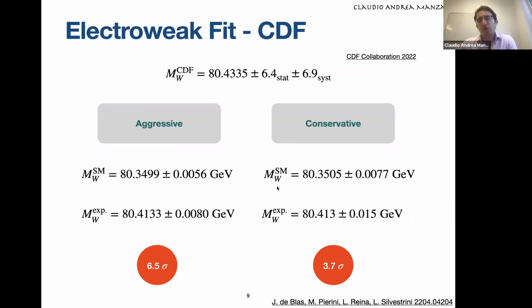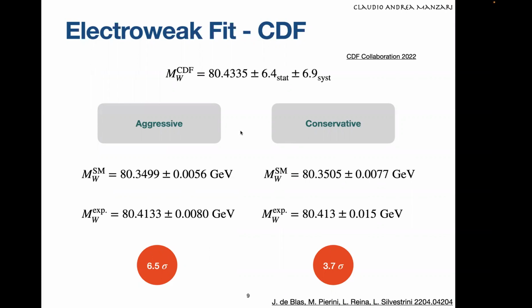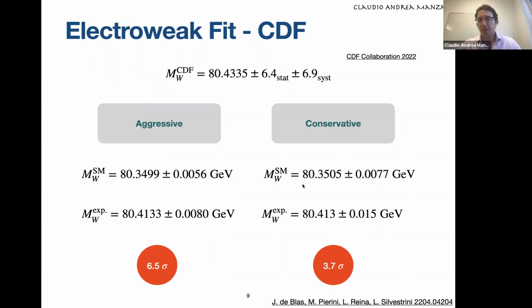Yes. So the main difference, the reason for this difference is the error that you consider for the last determination of CDF. Because this is an average of several measurements. So it depends on how you weight the single measurements.